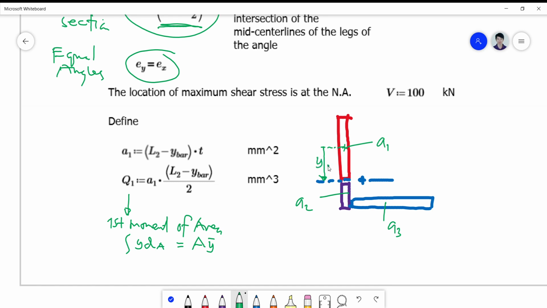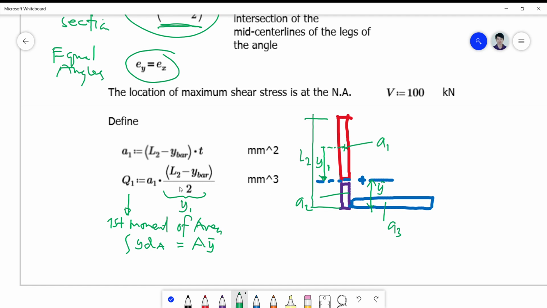and if I want to find my a1 and q1, so I simply multiply now my area 1 with respect to y1, and this is my y1. Okay, so y1 is simply your total length here, L2, minus y bar, okay, divided by 2.